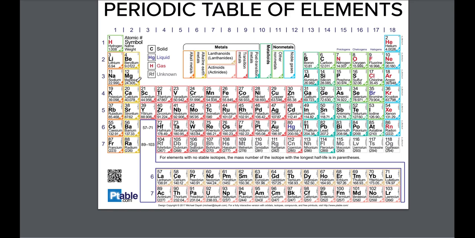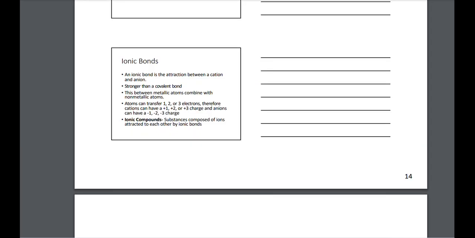So all of group 1 and group 2: group 1 is always found as a +1, of course, with the exception of hydrogen, and group 2 is always found with a +2. Fluorine and chlorine are always found as a -1 when it comes to gaining electrons, because again, those guys just need 1 more electron to reach the noble gas configuration, or the 8th count of electrons.